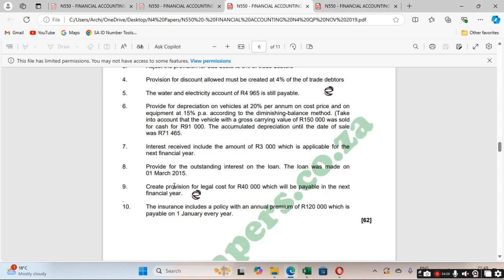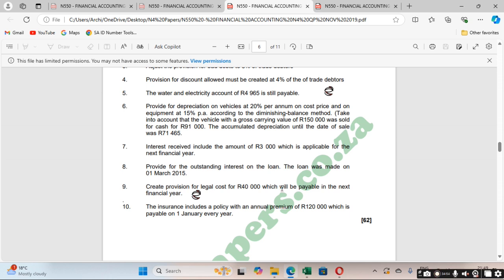And then number 9, create provision for legal costs for 40,000 which will be payable in the next financial period. So we need to create a provision for legal costs.